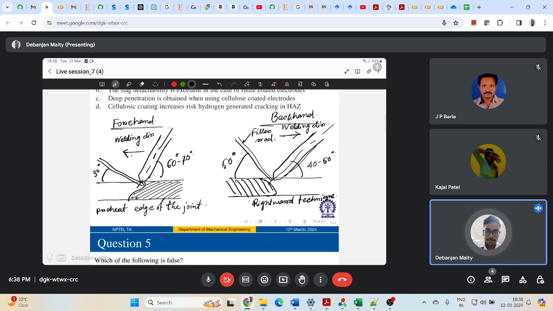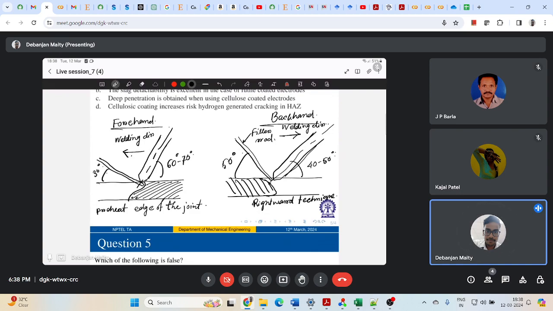However, in the leftward welding method, you will have good control and good appearance of the weld characteristics, and this is mainly used for thin sheet welding. However, if you want to go beyond a thickness of 3 mm, you have to bevel those plate edges, right?